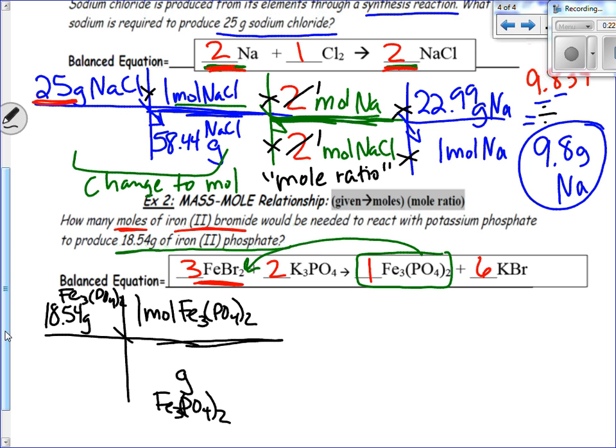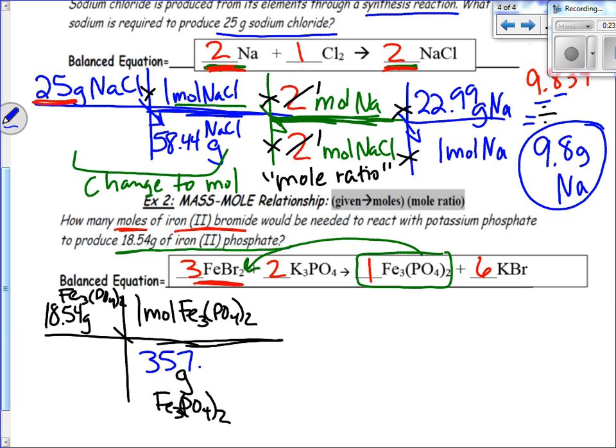So what do I need to do? Go to the periodic table. And I'm going to calculate this one real quick just to save time. And I get 357.49 grams.